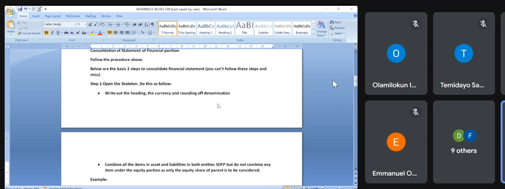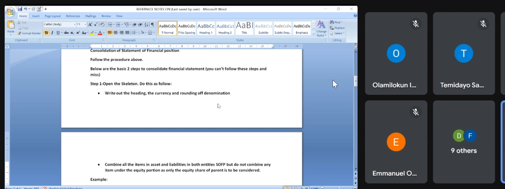In other words, once you go to the requirement and they say, prepare the statement of financial position, consolidated statement of financial position, the first thing you will do is to write out the consolidated statement of financial position as at 31st December 2024.